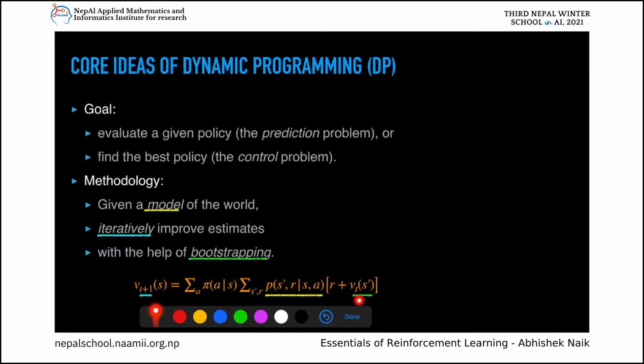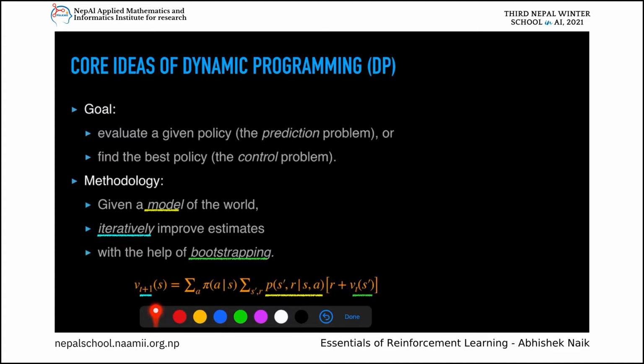So the current estimate is v_t at time t. This is what my estimate is. I use that to compute my next estimate, which is v_{t+1}. And we keep doing this iteratively till we converge, right?